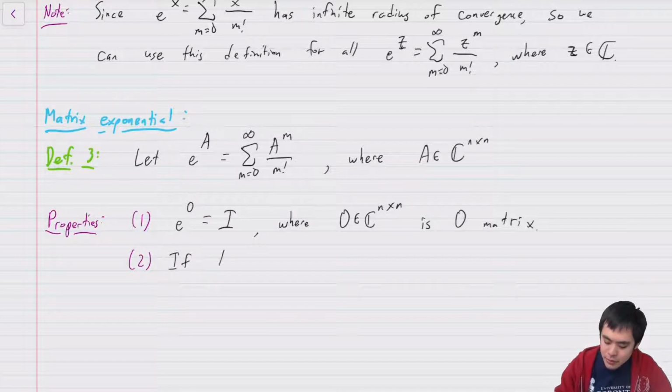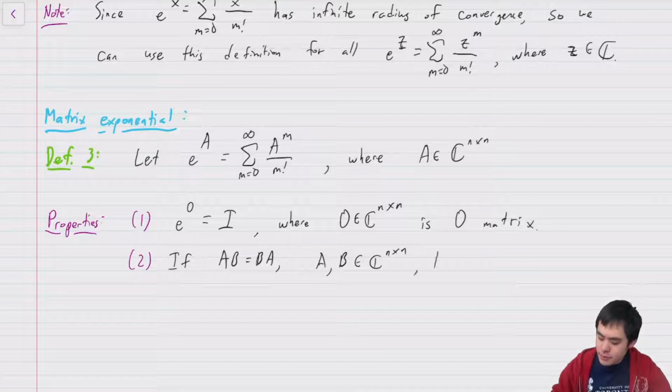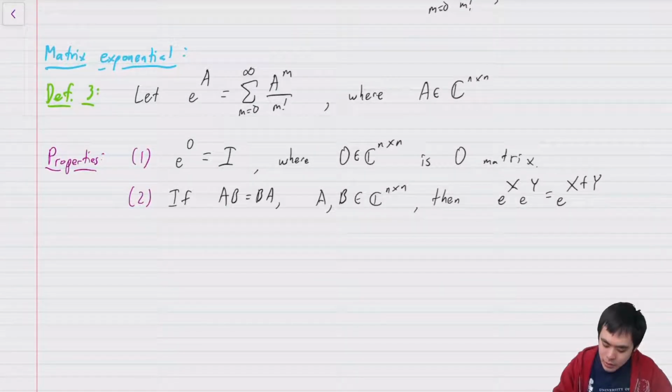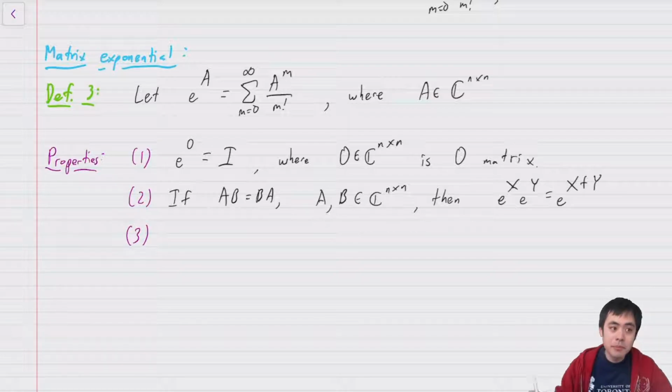Furthermore, if AB is equal to BA, where A and B are n by n matrices, so if the matrices commute, then e to the A times e to the B is equal to e to the A plus B. And this is something you can verify by just using the Taylor series definition and adding things together. We're not going to do that in today's lecture, but that's something you should verify on your own time.